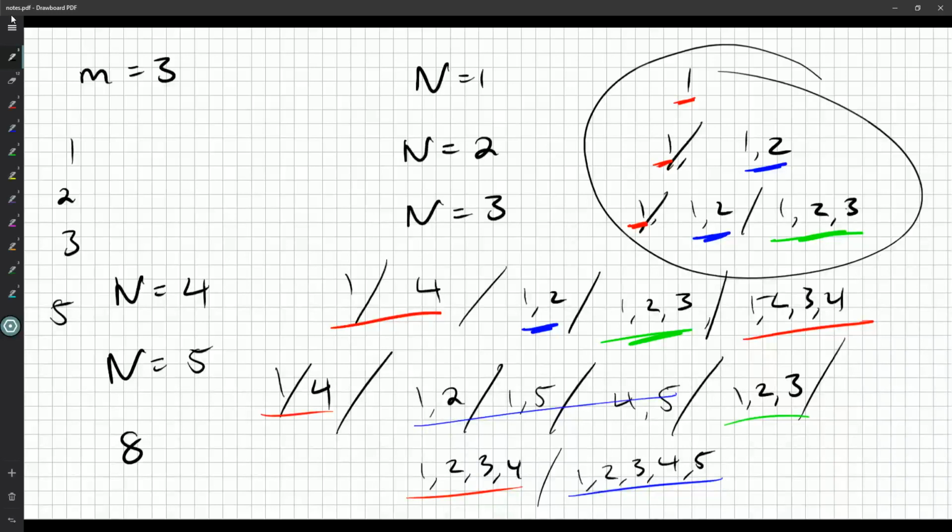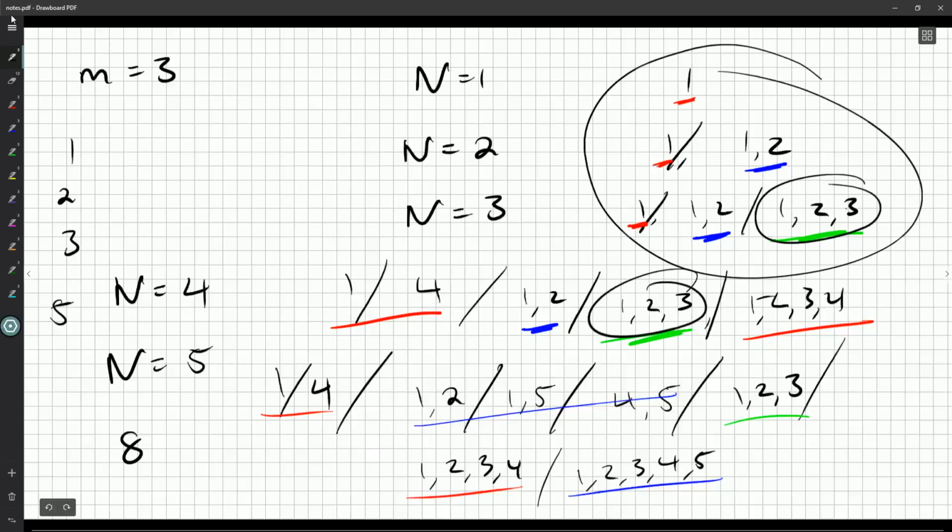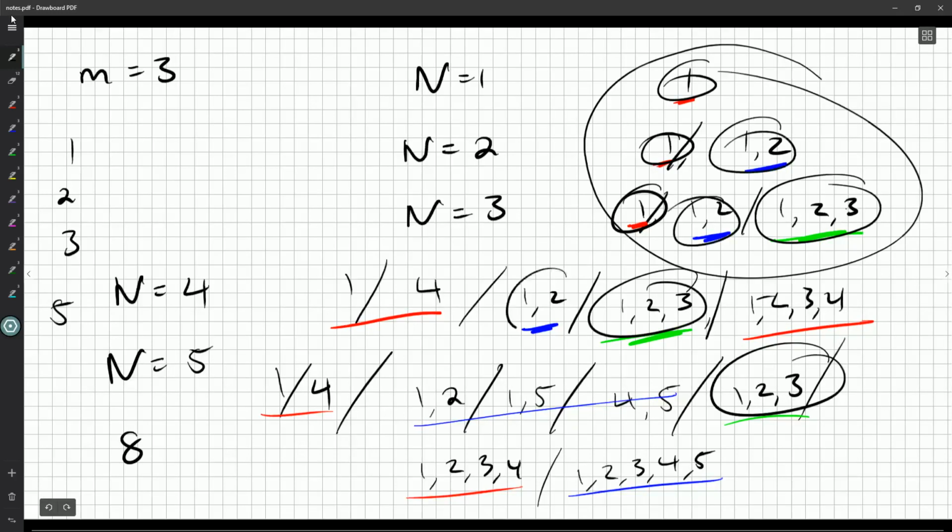But why didn't my previous calculations work? So this number stayed the same. The red one stayed the same 3 times, and then it jumped up by 2. And then the blue one stayed the same 3 times and jumped up by 3.